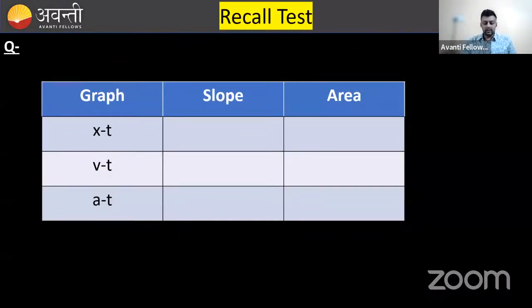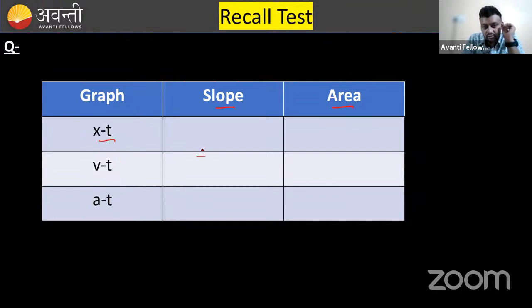In the previous class, you have studied about the graphs. So, in this table, I am going to ask you what is to be filled in. There is a column of slope, and there is a column of area. Slope of xt graph gives what?